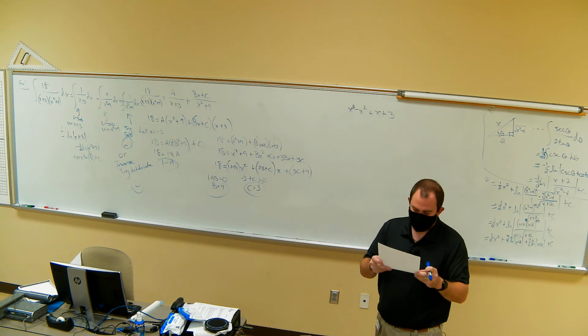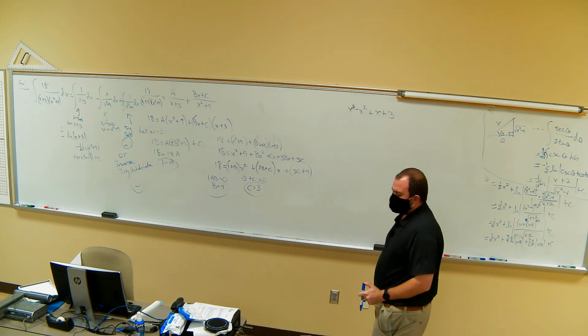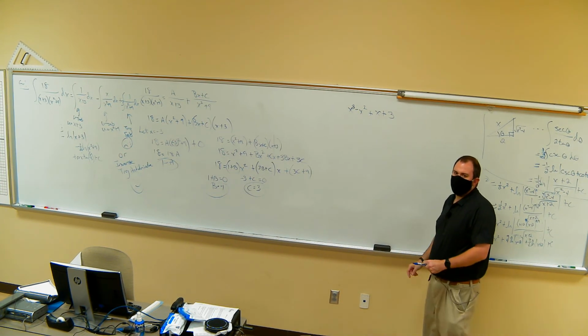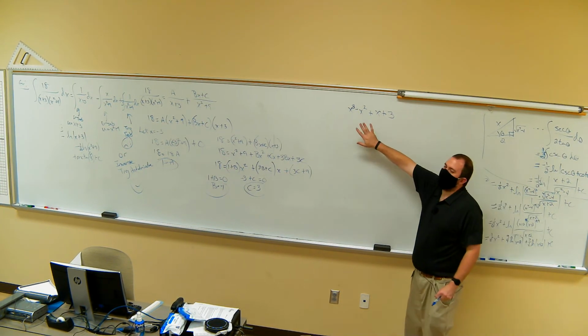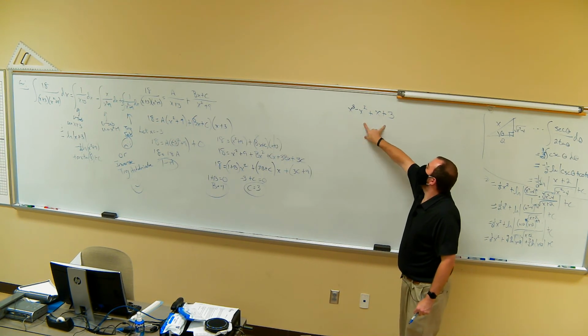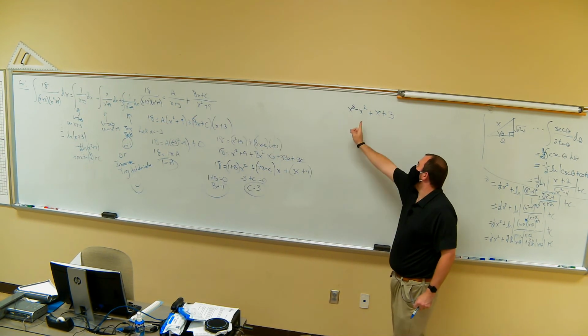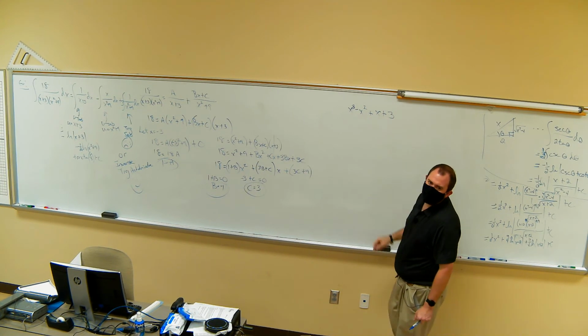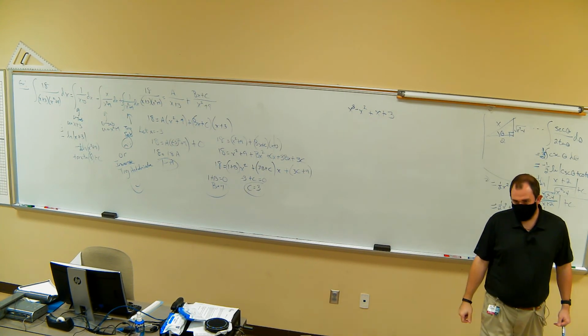Or no, I factored all of those. But either way, it must have been one of the web assigned ones that factor by grouping works on. Factor by grouping doesn't work here, because if I pull out an x squared, I end up with x minus 1, not x plus 3, right? So factor by grouping fails.